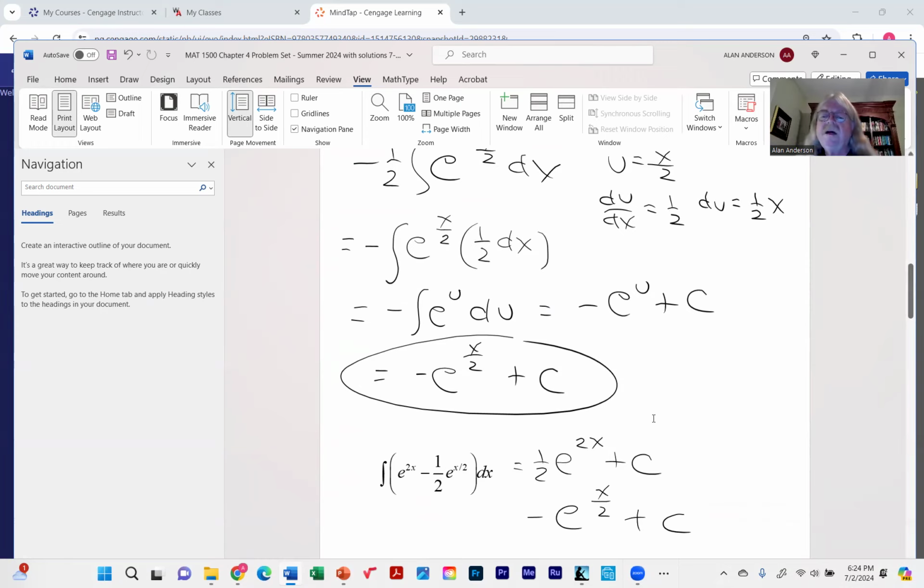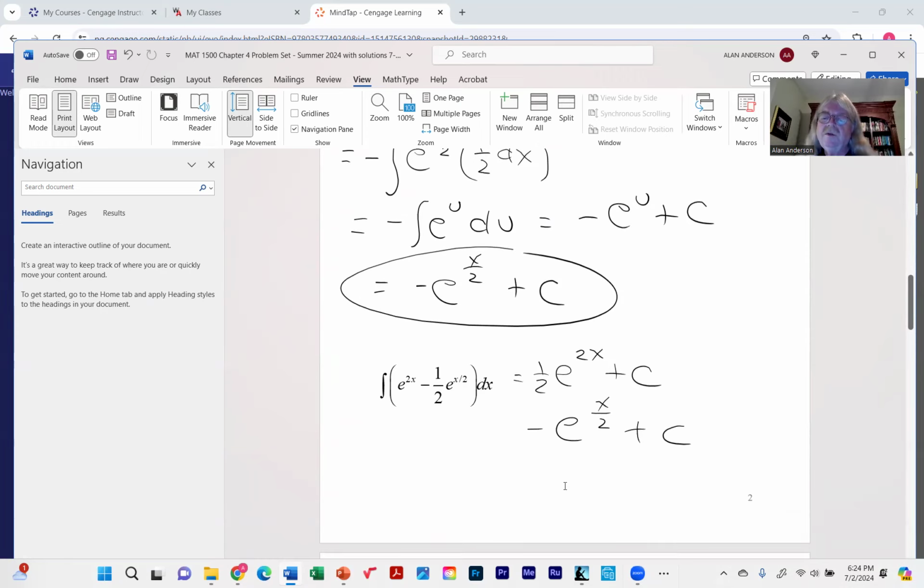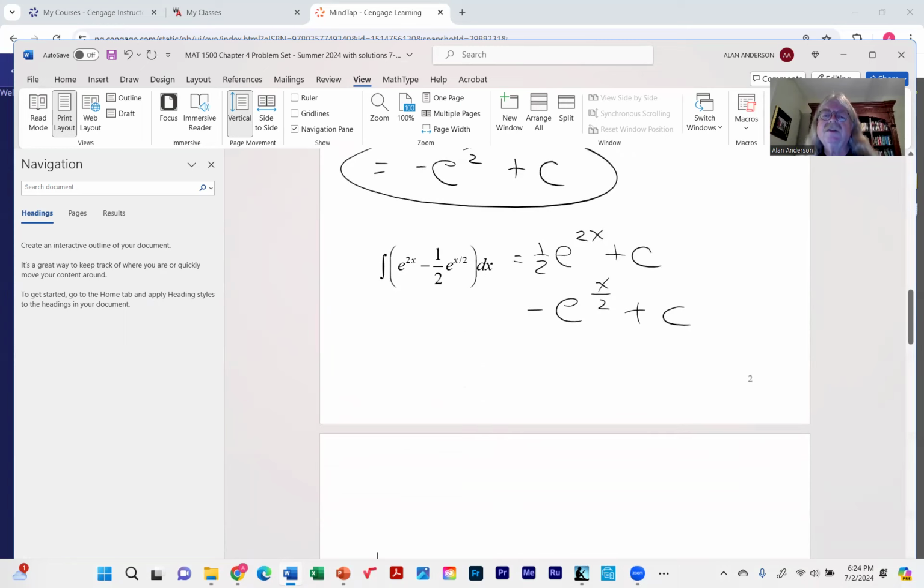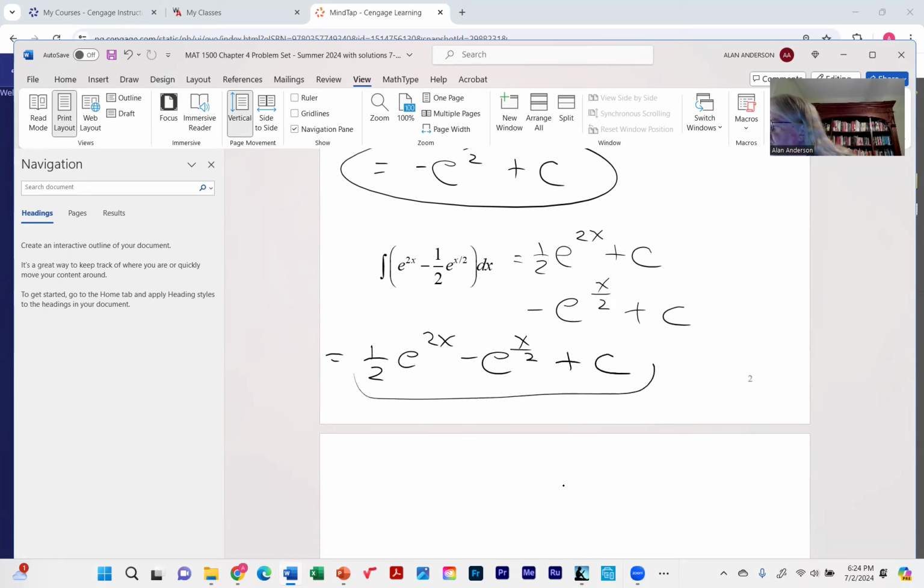Now the c's can be literally anything. What we normally do is we consolidate them into a single constant. So we end up with 1/2 e to the 2x minus e to the x over 2 plus c. And that's our final result.